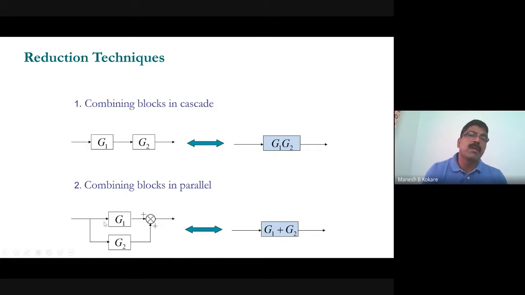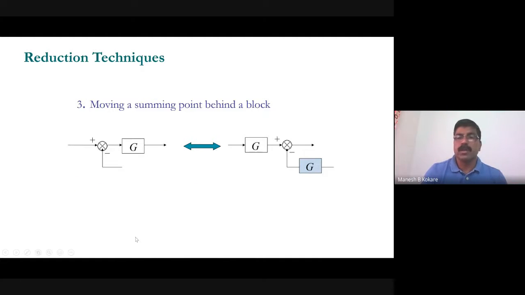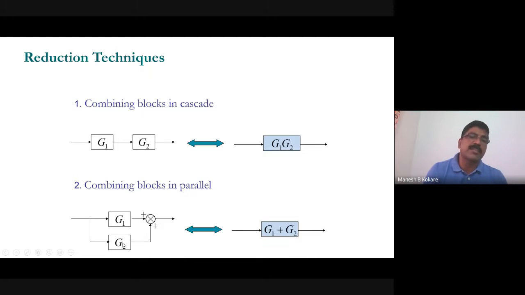If the signal direction is in the opposite direction, then those two blocks will not be in parallel. But if the signal direction is the same, the input is common and the output is summing, then this is the summing point, where this signal and this signal get added. This symbol is called the summing point, and this is the individual forward transfer function having gain equal to Z1. This is another block having gain equal to Z2. For G1 and G2, this common signal is given, and the output is combined here in a summing point.